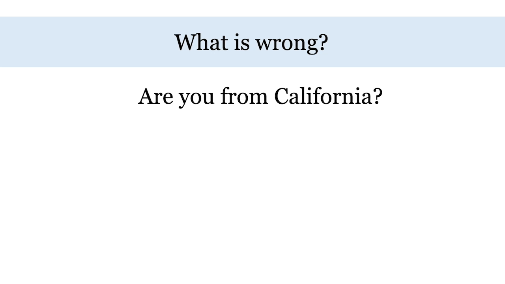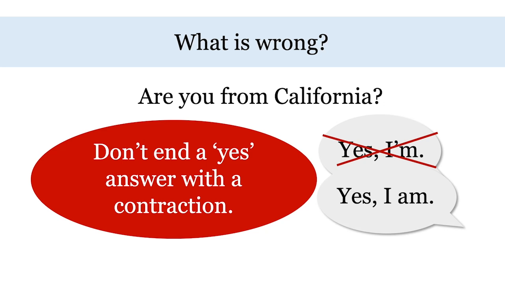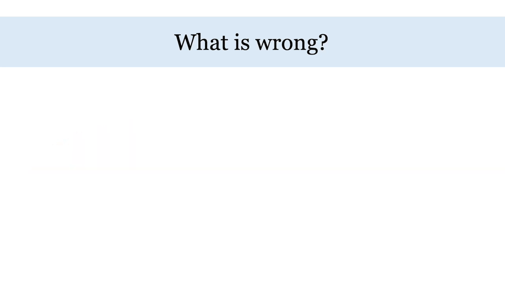What is wrong? Are you from California? Yes, I'm. Don't end a yes answer with a contraction. This is incorrect. Are you from California? Yes, I am is perfect. One more. What is wrong?